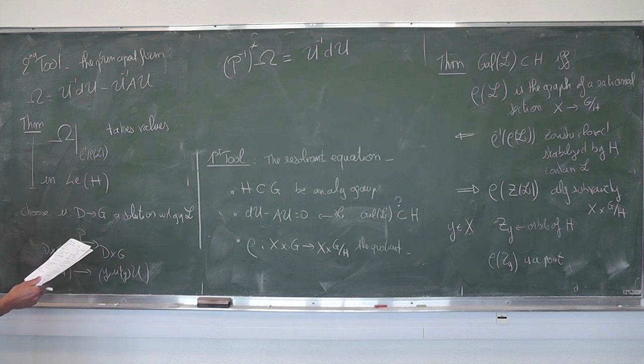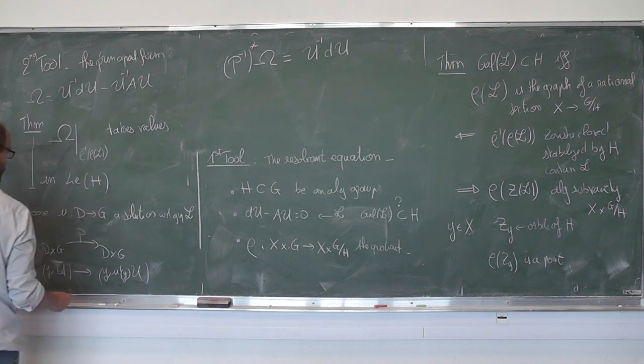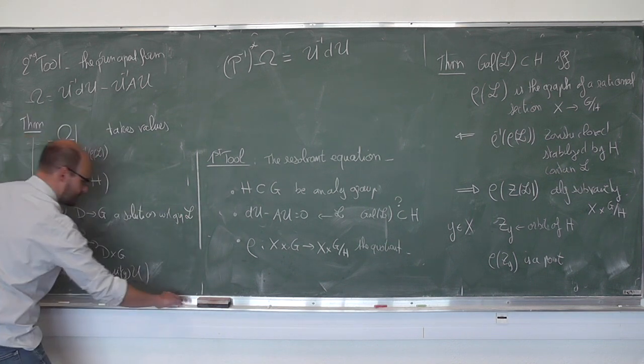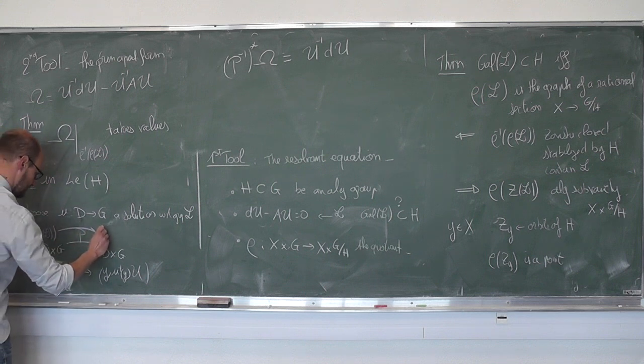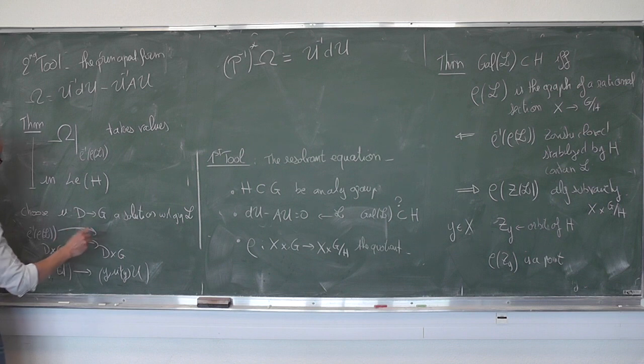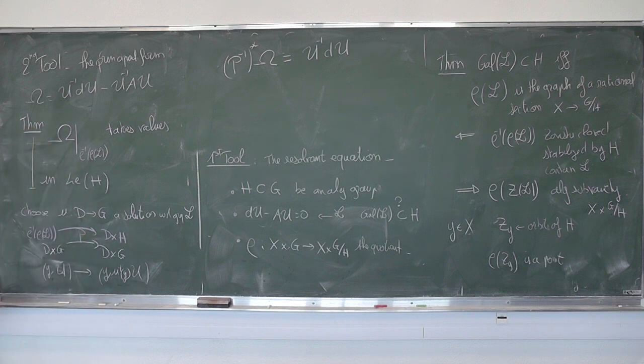But now, everything is done here. Because when you do that, your subspace rho minus 1 rho of L is now sent onto D cross H, as your section U is sent to the identity.